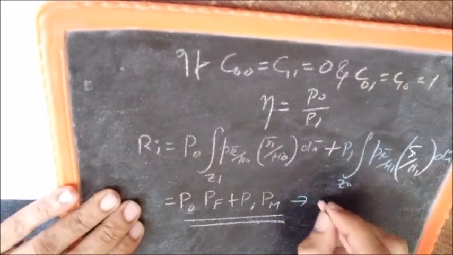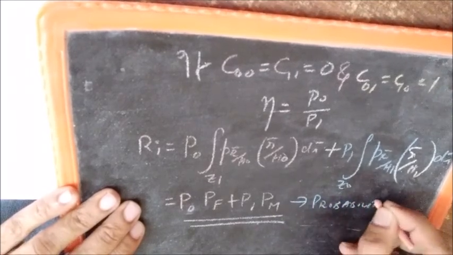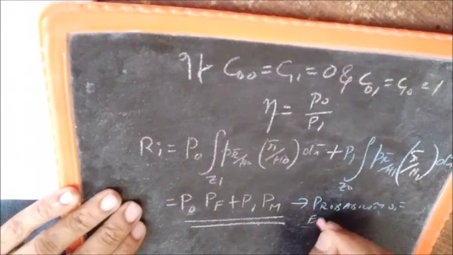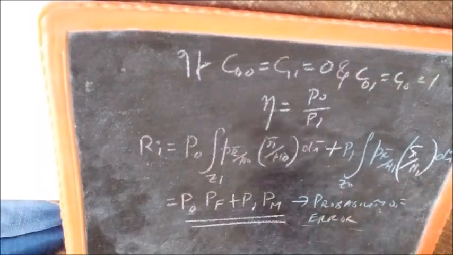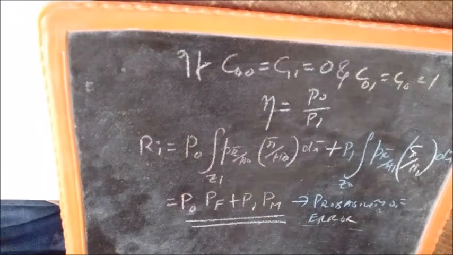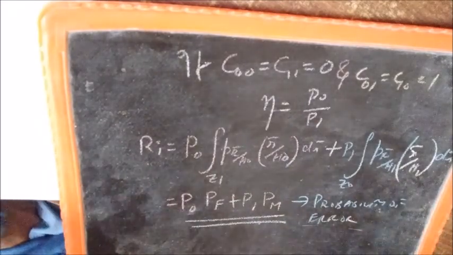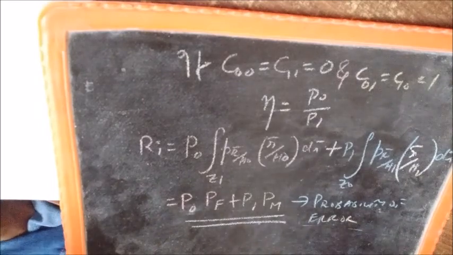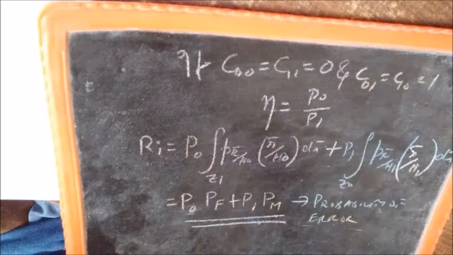This is the average cost, that is the risk. And this now becomes the probability of error, because whether it is PF or PM, it indicates an error. PF is false alarm, but it is basically an error where you declare H1 is the true hypothesis when H0 was the actual true hypothesis. This is the probability of making that type of error.